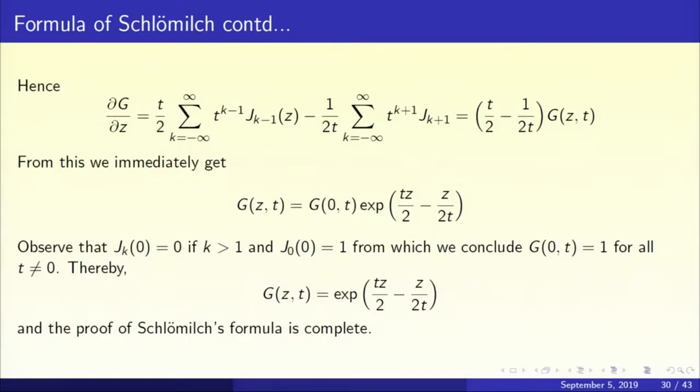From this we immediately get the formula for g(z,t). g(z,t) is g(0,t) into exponential of (tz/2 − z/(2t)). What is g(0,t)?